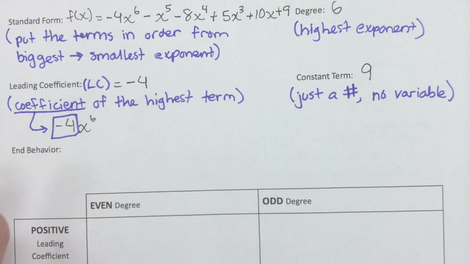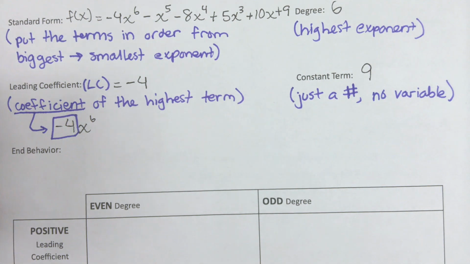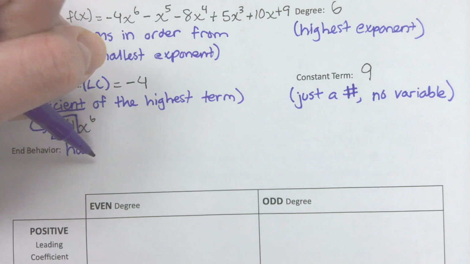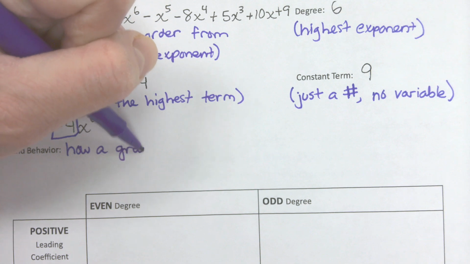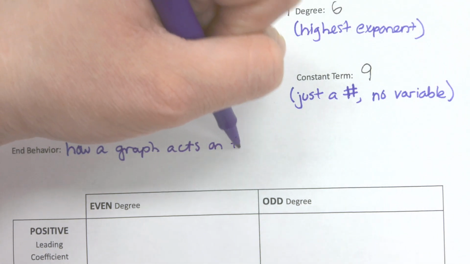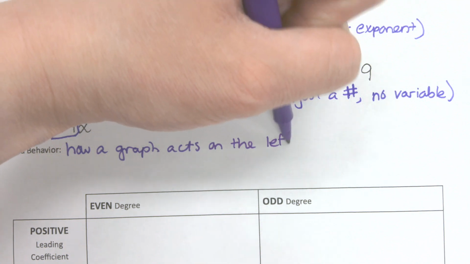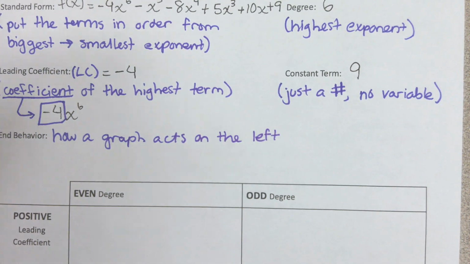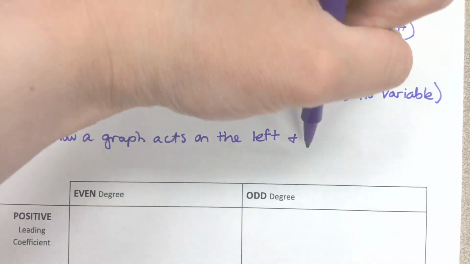This last term here, we're going to spend a bit of time explaining what it is and what it means, what it looks like, because it has a lot of parts to it. End behavior. How a graph acts on the left and right sides.